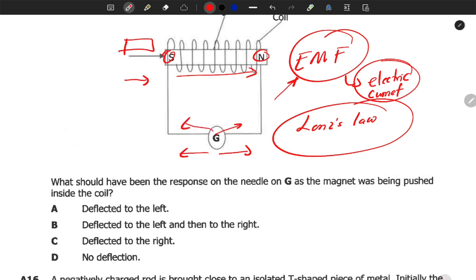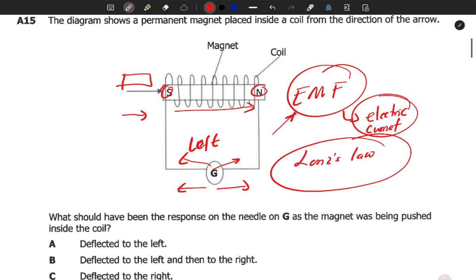So it will flow instead to the left side of the galvanometer. The galvanometer will deflect to the left based on those key concepts, Lenz's law and the right-hand rule. Please combine them. I hope you get the meaning.